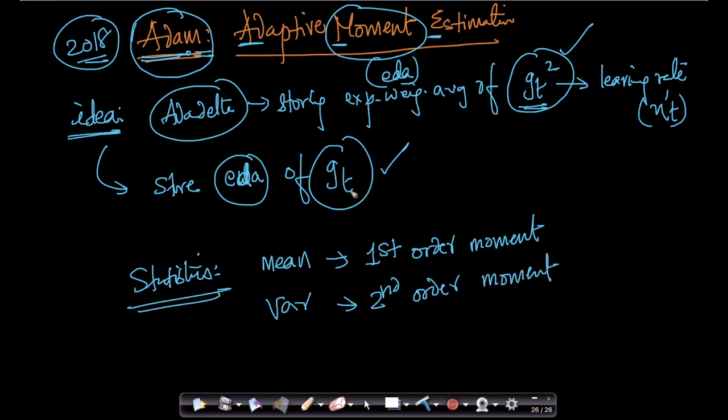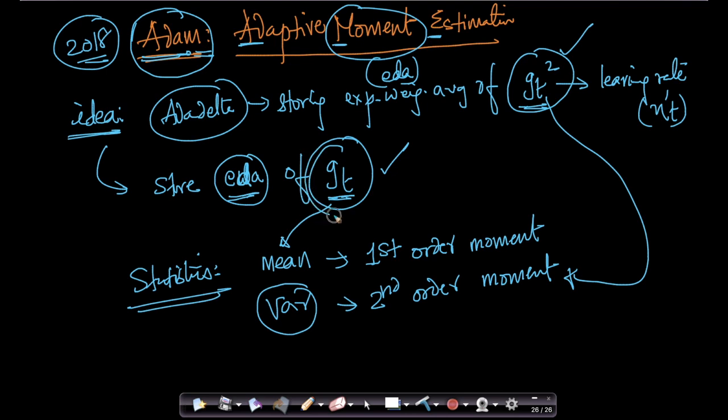You can think of the exponential decaying average of the gradients as sort of like computing the mean. It has the same connotation, same idea of a mean. When you take mean squares, when you take gradient squares, what you get is the second order moment, the variance. So that's why it's called moment estimation, because you're taking both the first order moment.